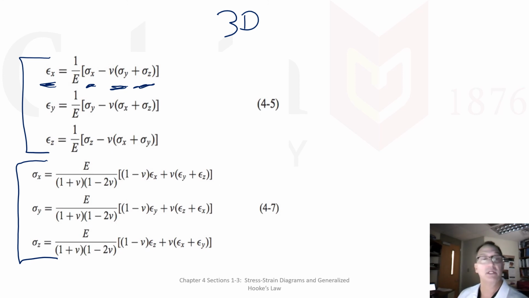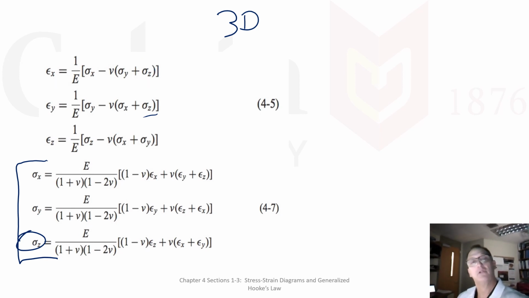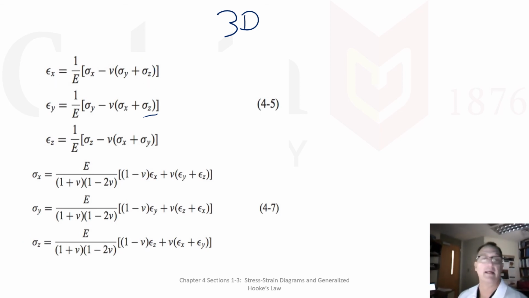But now we're seeing that there is a stress in the Z direction, and that stress in the Z direction is showing up several different places. So it becomes fairly straightforward to do that. So there you go.